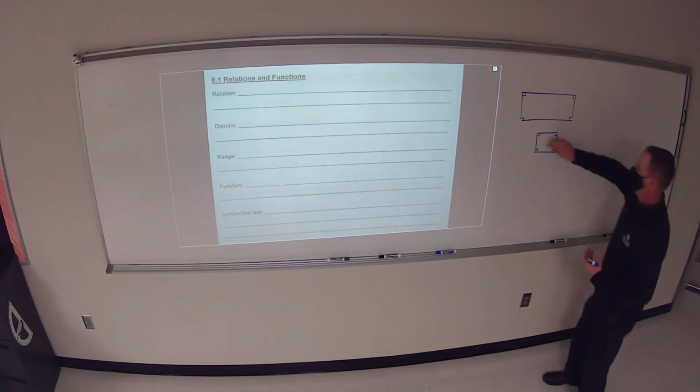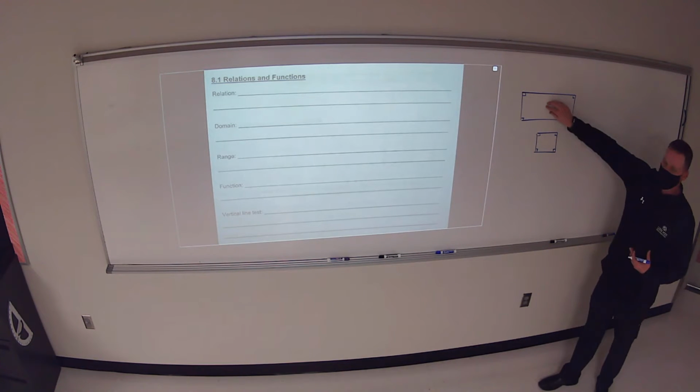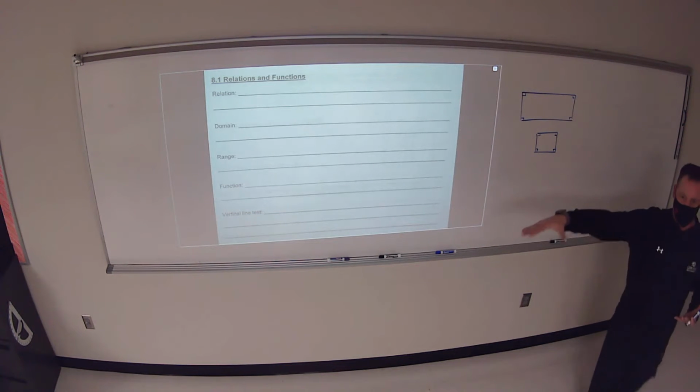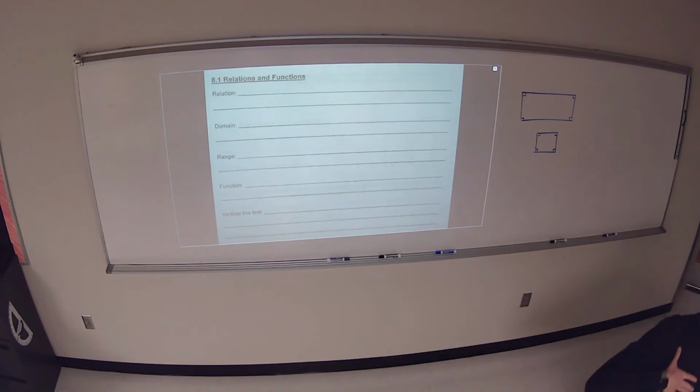All squares are rectangles, but not all rectangles are squares. Does that make sense? Same idea here. Everything we're looking at is a relation. Our job is to determine, is that relation also a function? So all functions are relations, not all relations are functions. Same idea as the square and the rectangle.